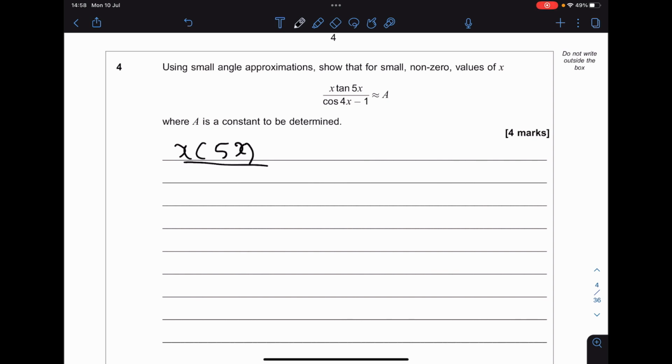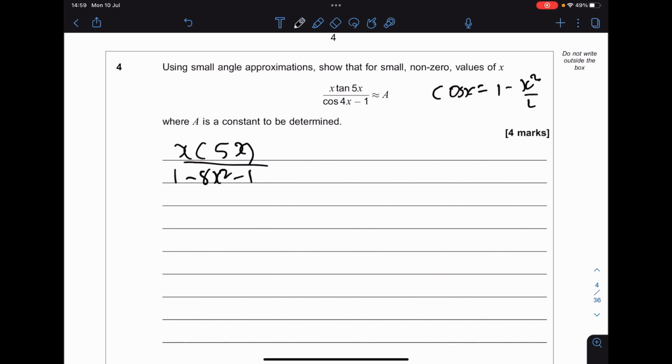Now, cos of 4x is going to be 1 minus x squared over 2. So that's going to end up becoming 1 minus 8x squared minus 1. Because of the cos x double angle formula, which is going to come via 1 minus x squared over 2. There.